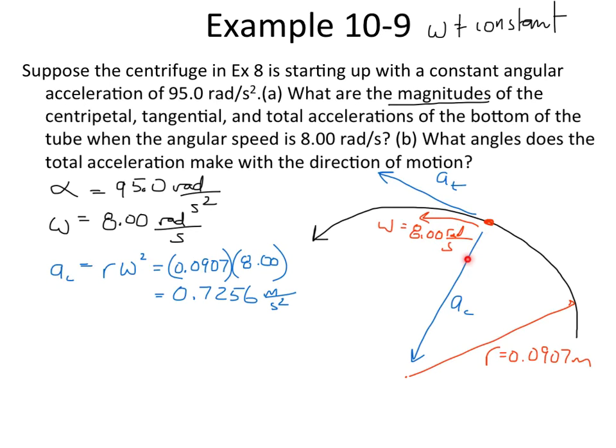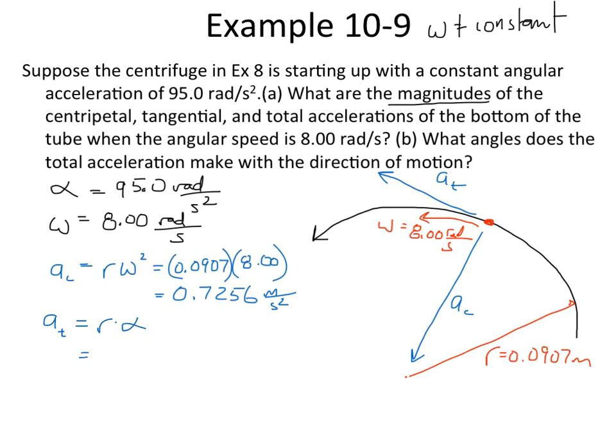Let's find now the tangential acceleration, A sub t. Our tangential acceleration is radius times the rotational acceleration, r alpha.